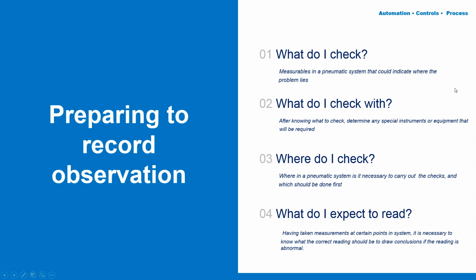What do I check with? Is there any special equipment or instruments that might be needed? Where would I check? Where in the pneumatic system would I carry out the checks, and what should be done first? And what do I expect? If I'm taking a measurement, a pressure measurement, for example, it's useful to know what the correct reading should be, right, in order to draw some conclusions. So those are some of the things you want to take a look at.